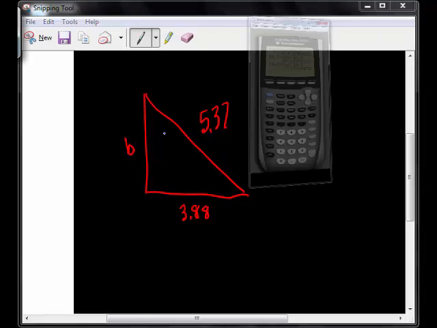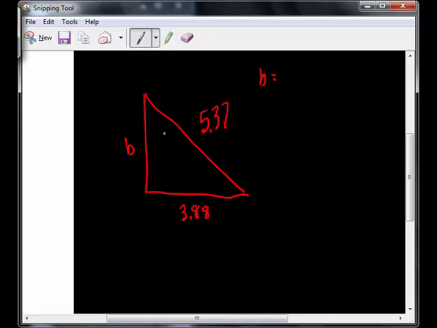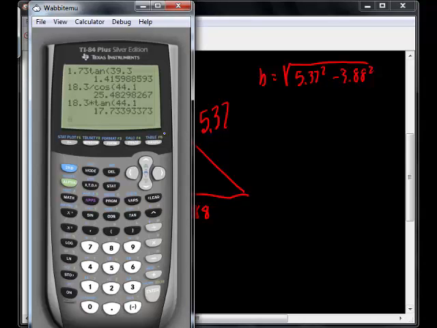Mr. Pythagoras will help us with that one. B is the square root of 5.37 squared minus 3.88 squared.